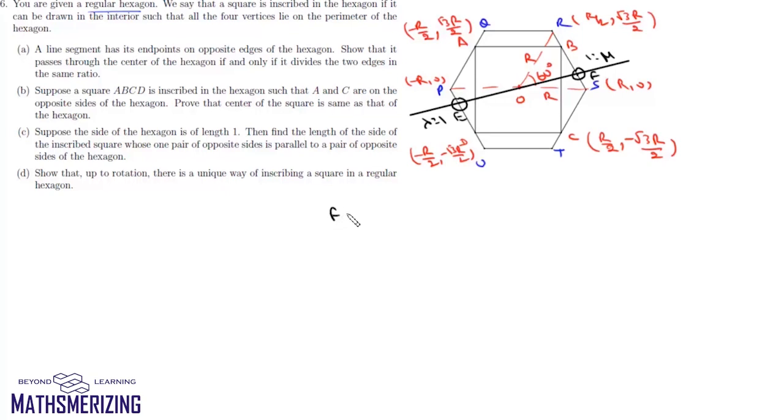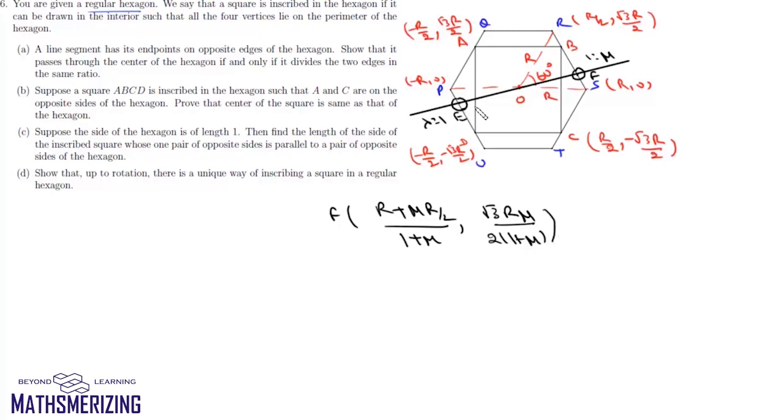Now the coordinate of this point F will be R plus mu R by 2 upon 1 plus mu, and its y coordinate will be root 3 R mu upon 2 times 1 plus mu.